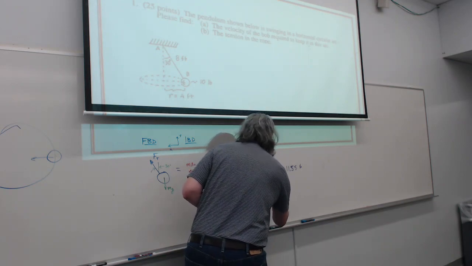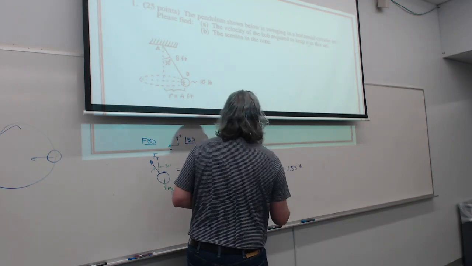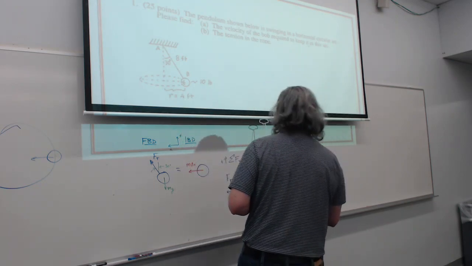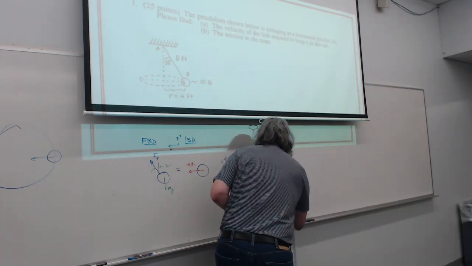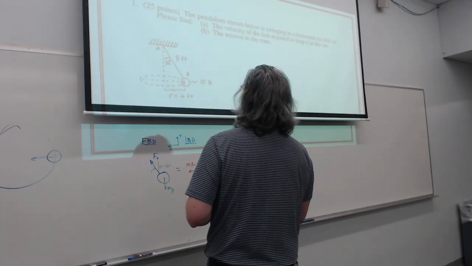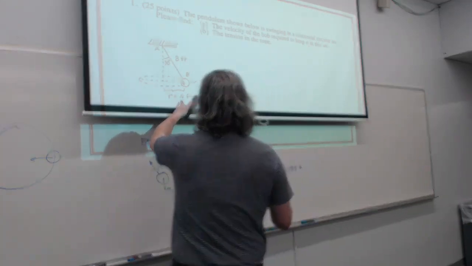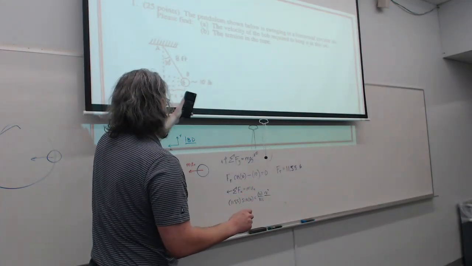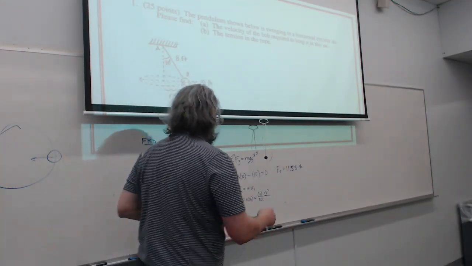And then we want the velocity, right? That's the thing we're getting. And this distance, they did that for us. We know the length is 8, so we're able to get the 4 feet.